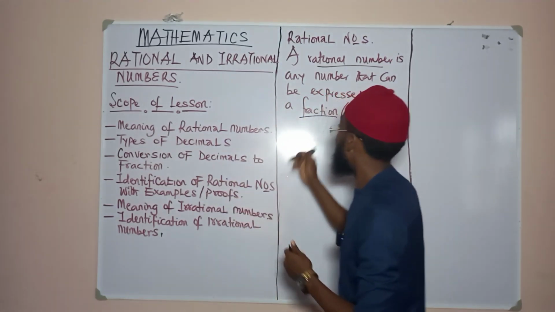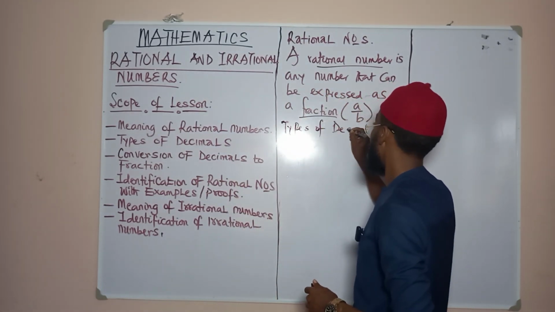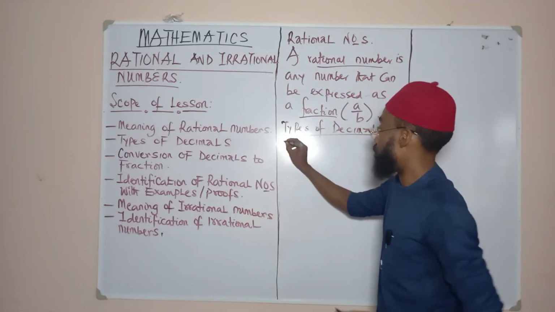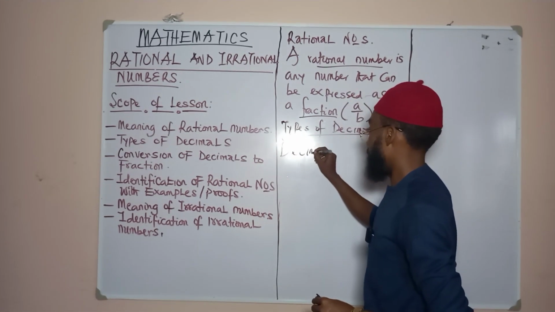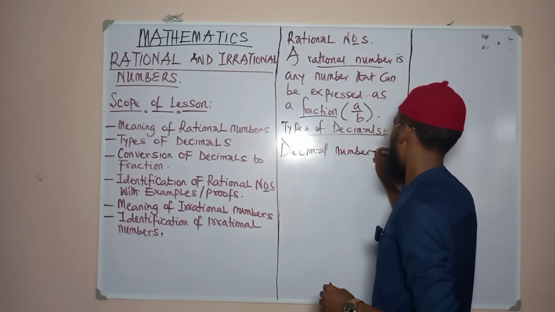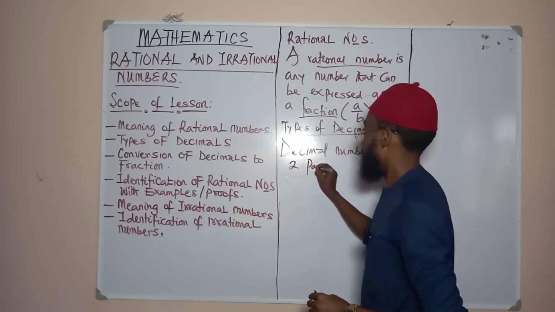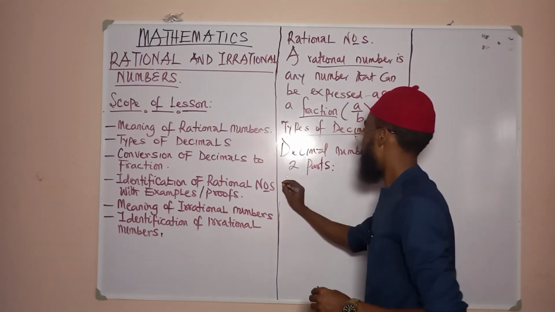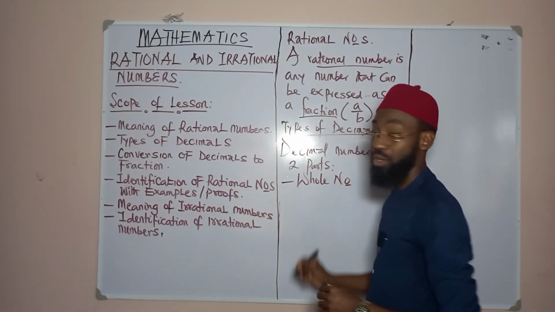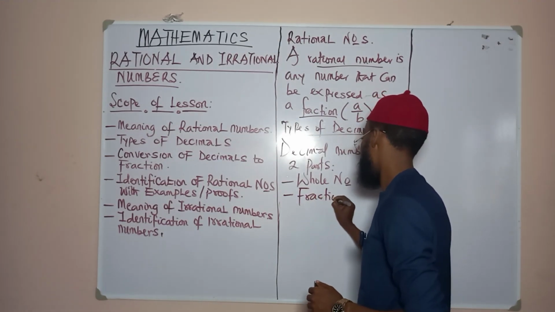The second thing now is the types of decimals. For those who do not know what a decimal is, a decimal number is usually a number that has two parts. A decimal number has two parts. We have the part that we call the whole number, and then we have the part that we call the fraction.